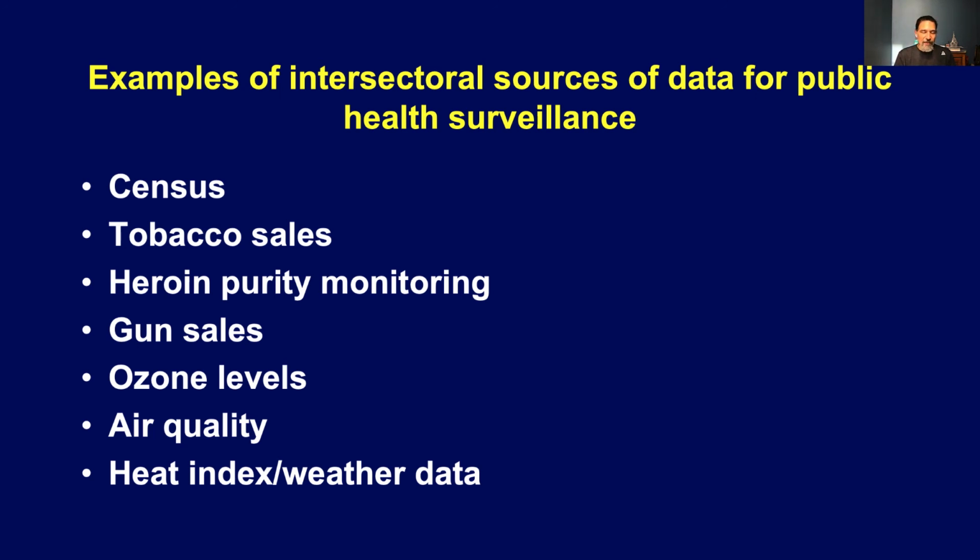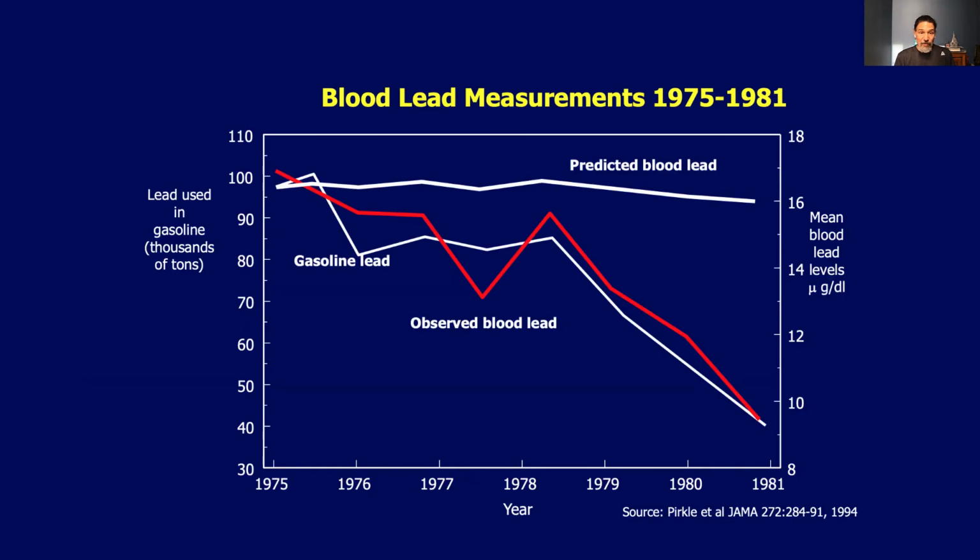There are also data sources that provide information on tobacco sales, or monitoring the purity of heroin, which is useful for understanding trends in overdoses and overdose deaths. Gun sales, ozone levels, air quality, and also weather and climate related data. All these relate to health outcomes. They're data sources that are collected and maintained outside the healthcare sector.